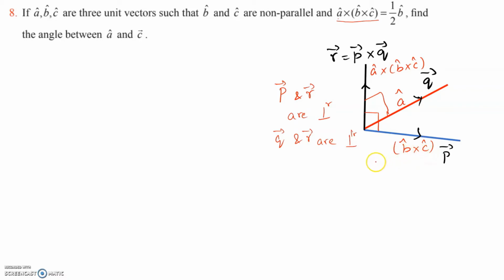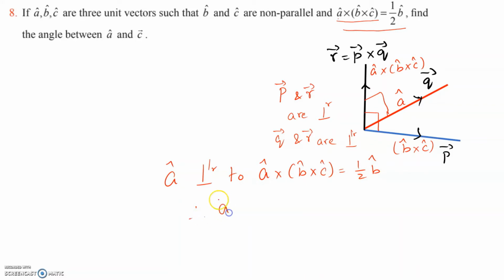Okay, so in this case, I can say that A cap is perpendicular to A cap cross B cap cross C cap. Now we know here that it's defined as half of B cap.